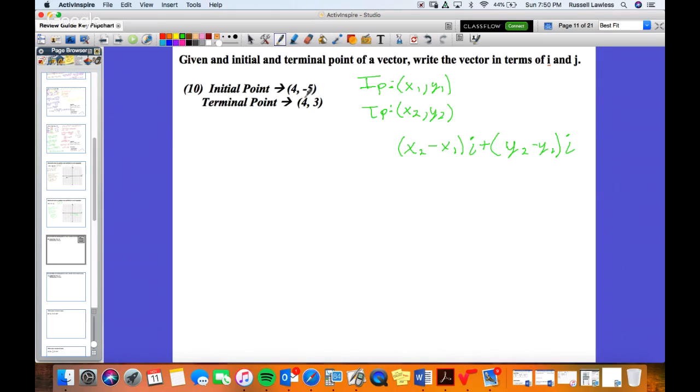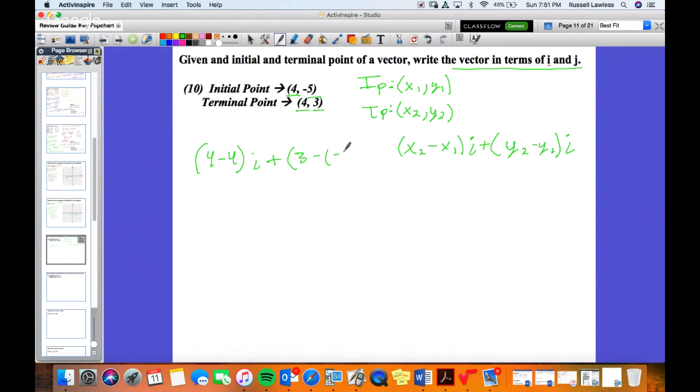Basically, for terminal points and initial points, to write the vector in terms of i and j, you're just going to do the terminal minus the initial for x, so 4 minus 4, and then the terminal minus the initial for y, which will be 3 minus 5, j. So we'll get 4 minus 4, which will be 0i. Well, that's a -5, so I went a little ahead of myself.